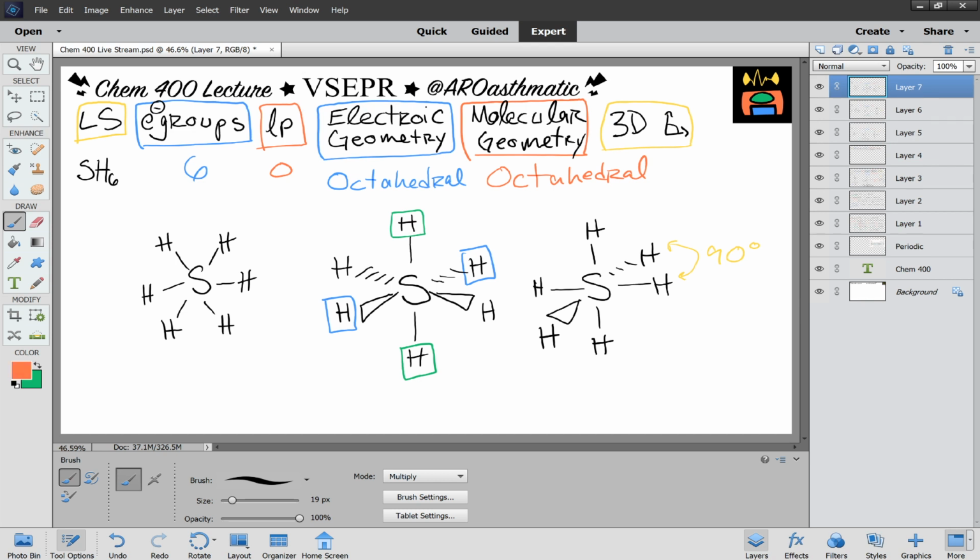And finally, I'm going to use salmon to show the last pair. So all of these pairs are 180 degrees from each other.